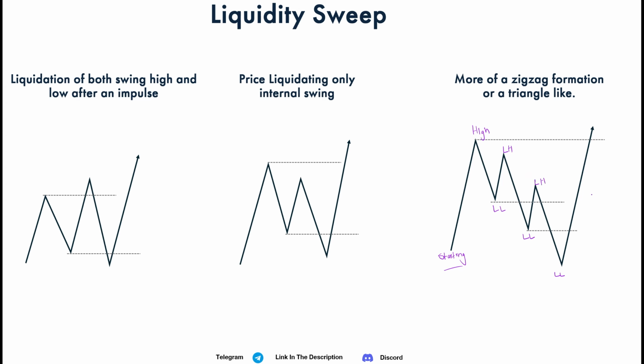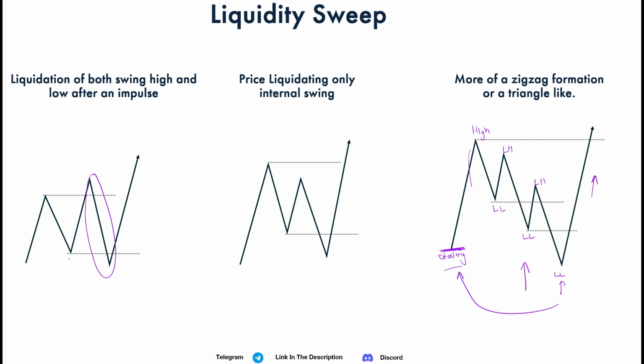But then price shoots to the upside. This pattern here, you will see it mostly in this area here. This pattern that is forming here, when it breaks this starting point, you will see that this last lower low will trade below this low here.